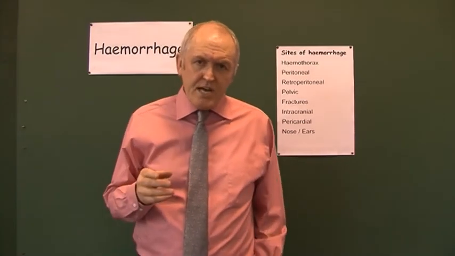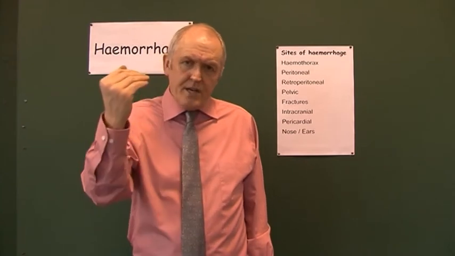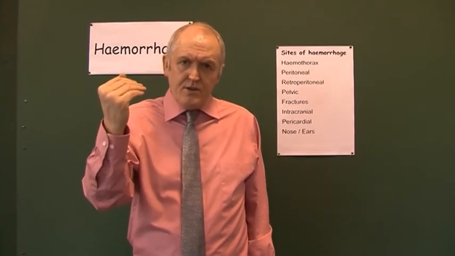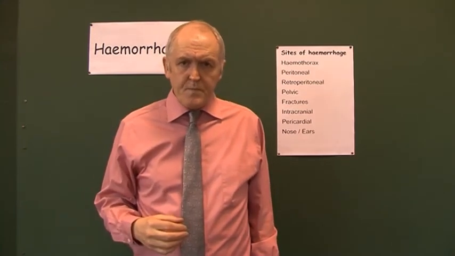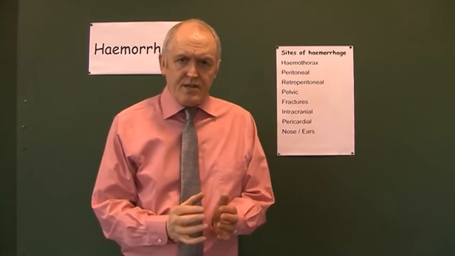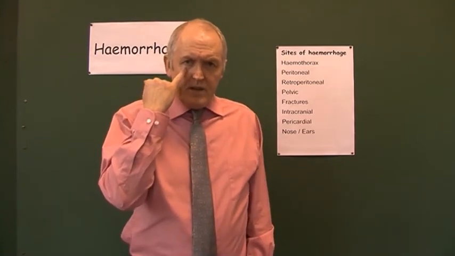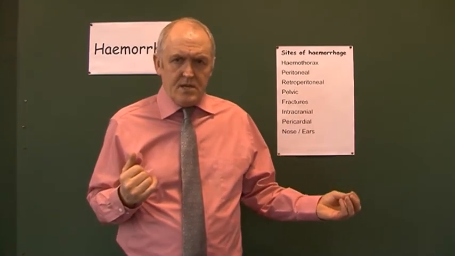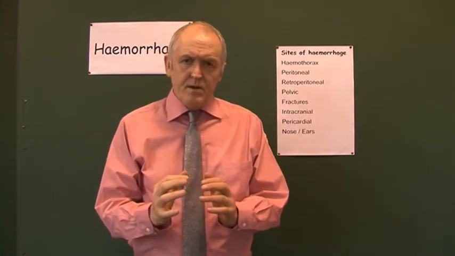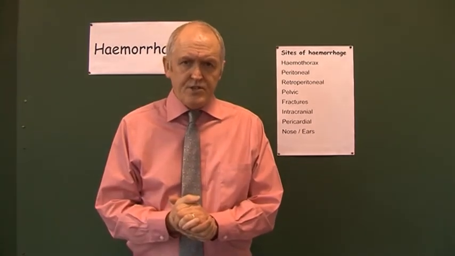But the pupillary changes are on the same side as the lesion because the oculomotor nerves, the third cranial nerves, don't cross over like the other somatic nerves do. So reduced Glasgow Coma Scale with rising intracranial pressure, sluggish or fixed pupil on the affected side, lateralizing signs on the opposite side. It's not the volume of blood, it's the pressure effect that that blood is exerting on the vital tissues of the brain.